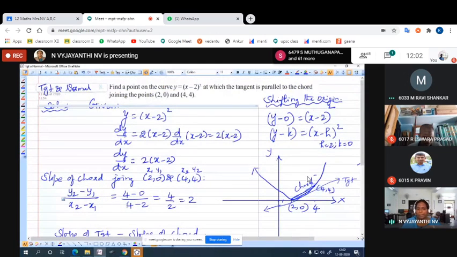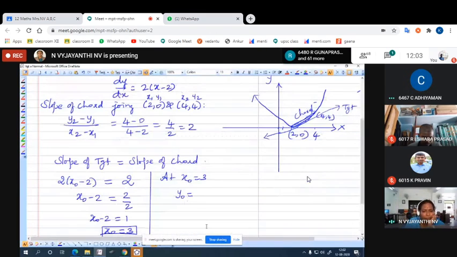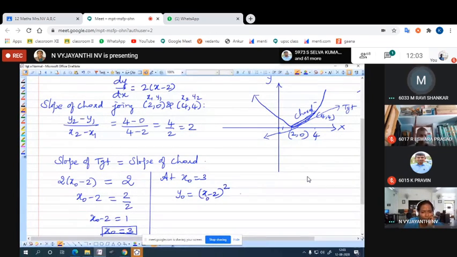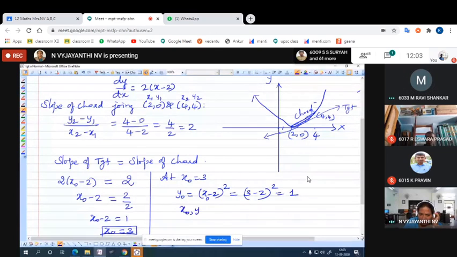Where do we have to apply? y equals (x minus 2) the whole square, isn't it? This is the equation, no? That gives (3 minus 2) the whole square, that is equal to 1. So y naught equals 1. So (x naught, y naught) is (3, 1).